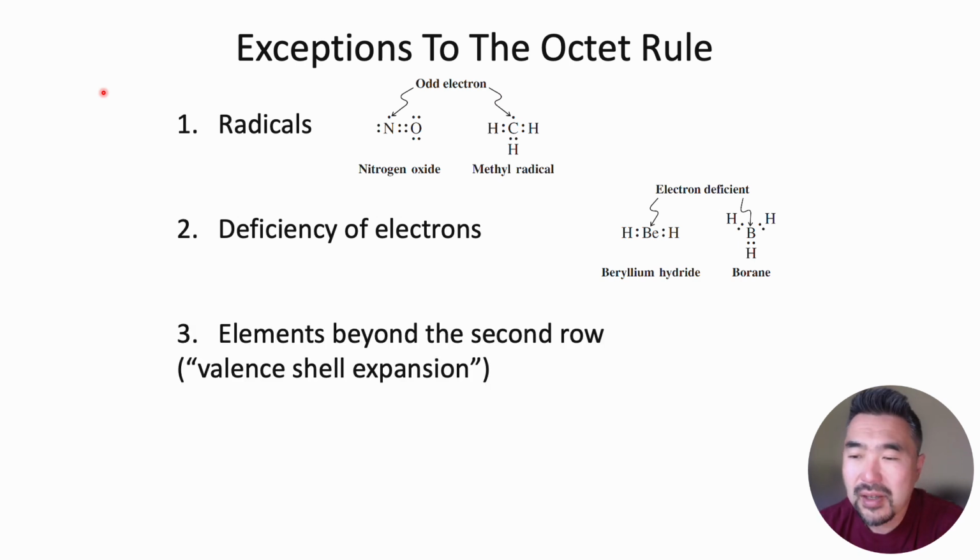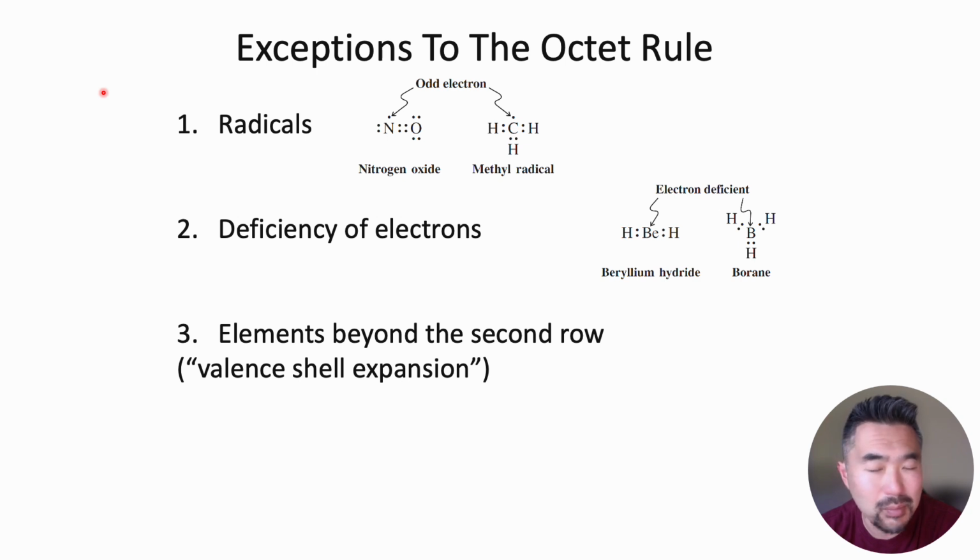When you go beyond the second row in the periodic table, you'll begin to encounter situations where an atom has expansion of the octet, in that you have more than 8 electrons on an atom, and that's okay because they have not only s orbitals and p orbitals, which in total can only accommodate 8 electrons maximum, but they also have d orbitals.